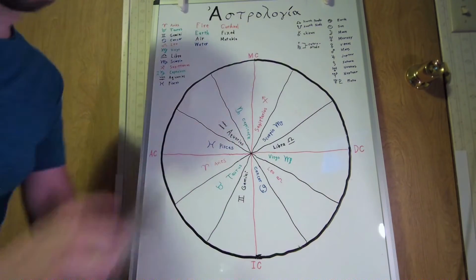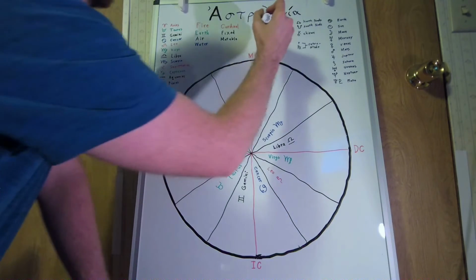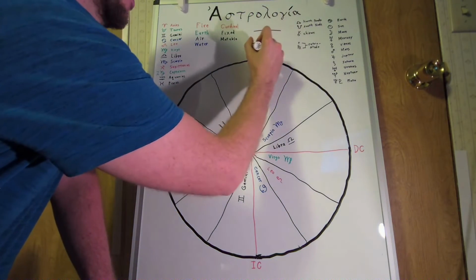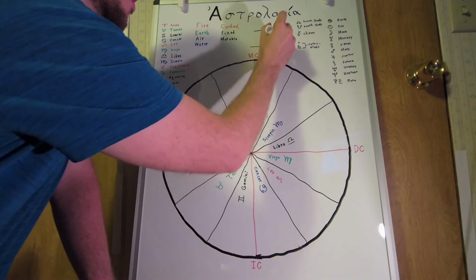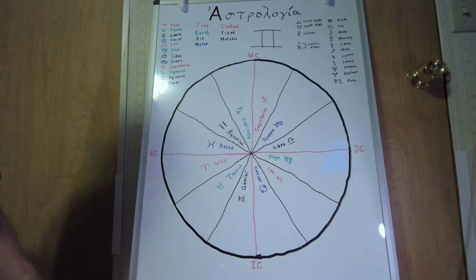Next is Gemini. Gemini, the twins. Gemini is air and it's mutable. So it's going to be communicative and intellectual, and it's going to be adaptable and flexible.